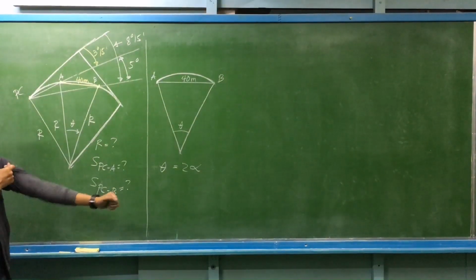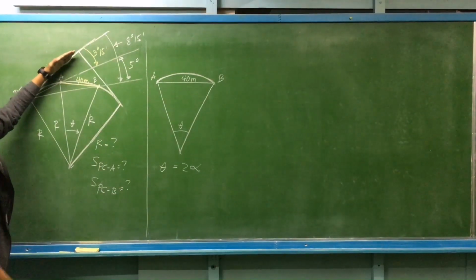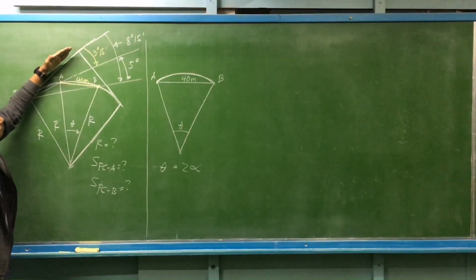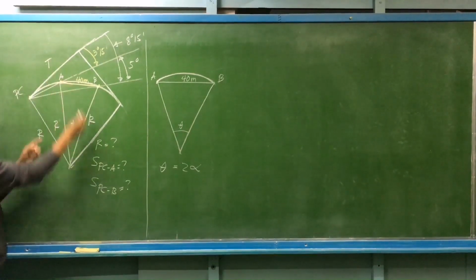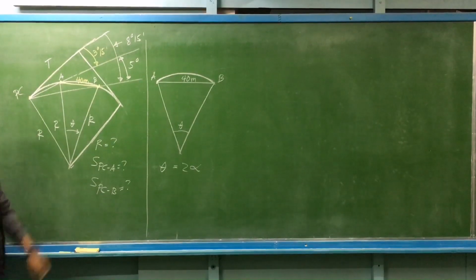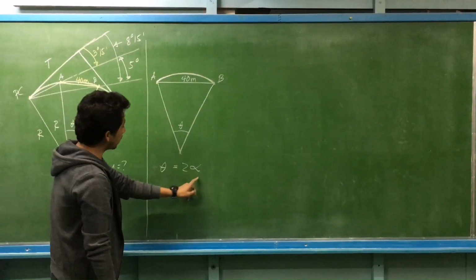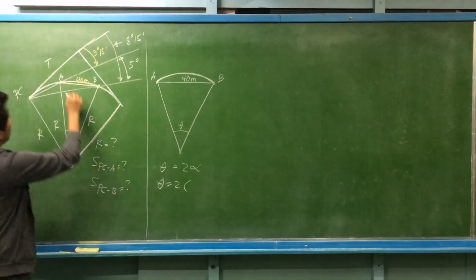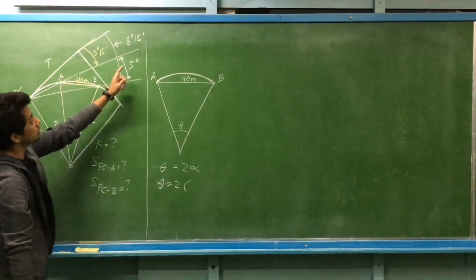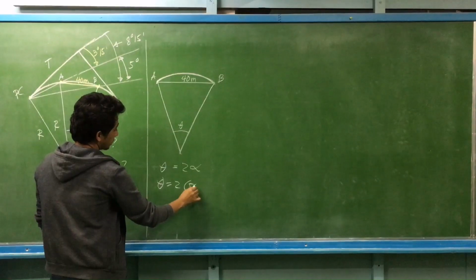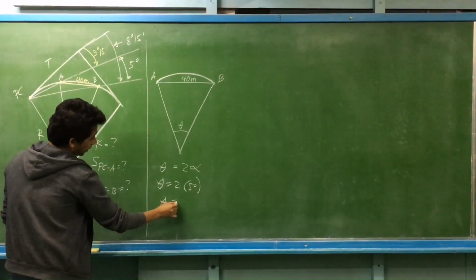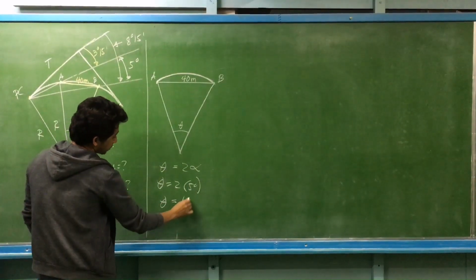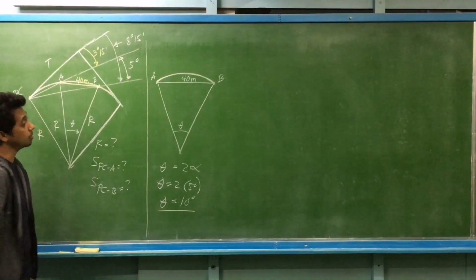Kapag sinabing deflection angle, yun yung mga angles subtended from the tangent, that is the back tangent passing through PC. So we have theta is equal to twice of alpha. So theta is equal to twice of, ano yung alpha corresponding to arc AB? That is 5 degrees. So yung central angle ng maliit na curve na to is 10 degrees.